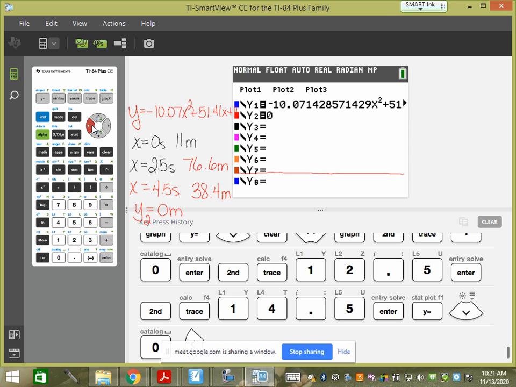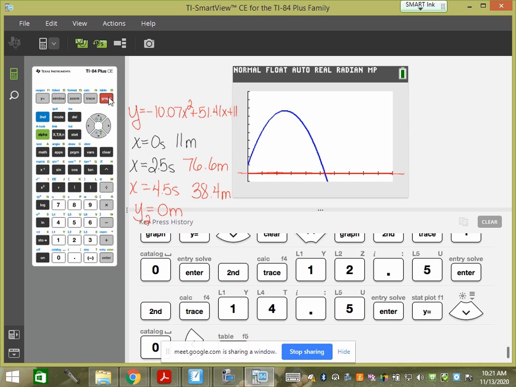So your y1 will be the thin line and your y2 will be the thicker line. So when it goes to graph it, it actually does draw it over top of the x-axis so you can see the intersection point being drawn. And then we just go second trace 5, enter, enter, enter. And it's going to be at 5.3 seconds.